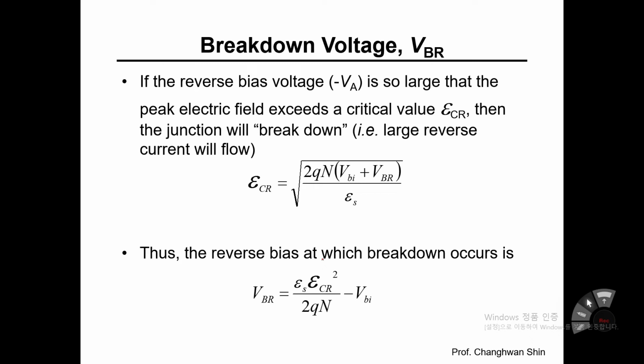Then the junction will break down. The physical meaning of breakdown is that a large reverse current flow can be formed. Okay, so breakdown doesn't mean physical breakdown.